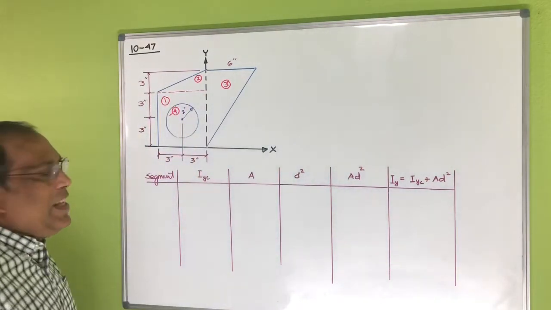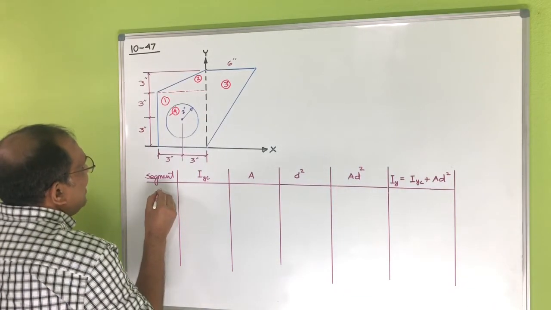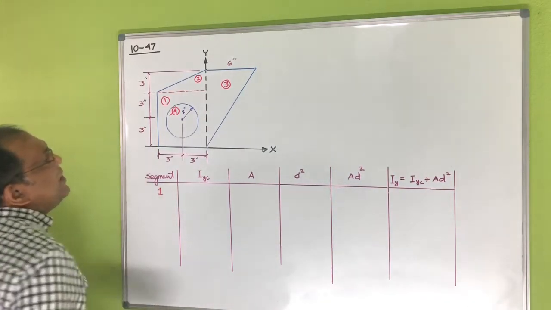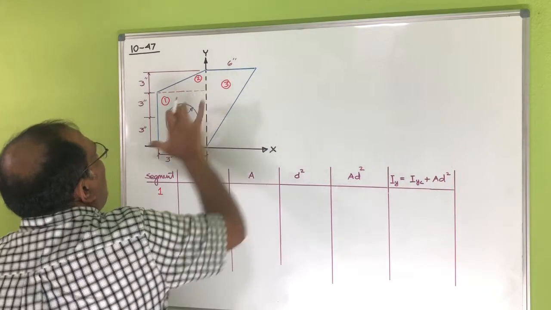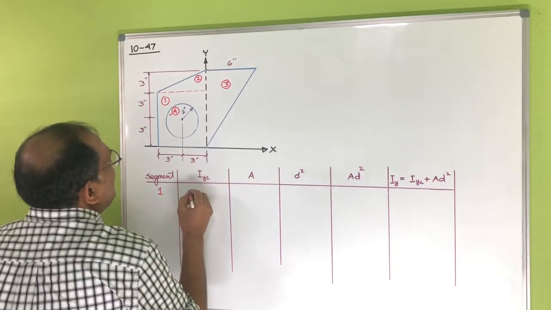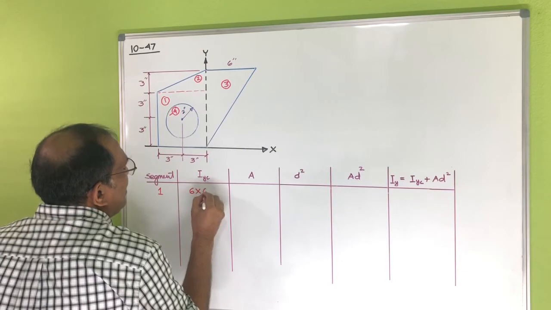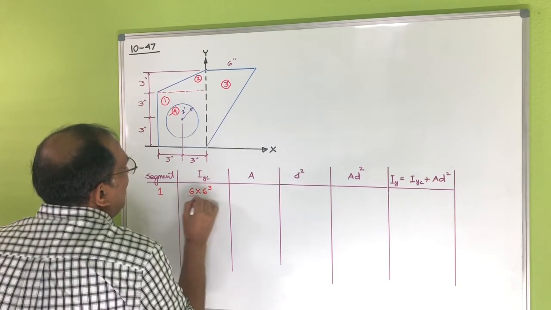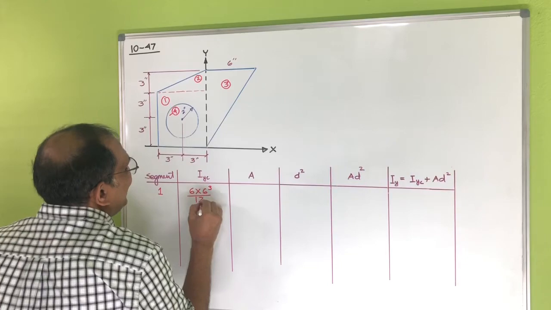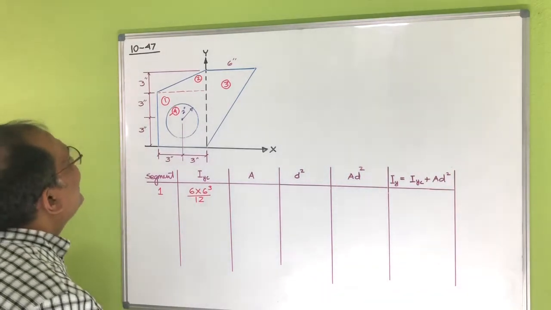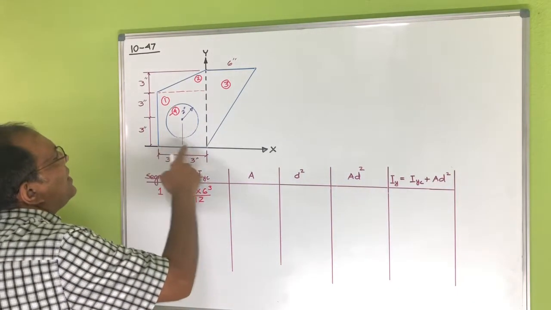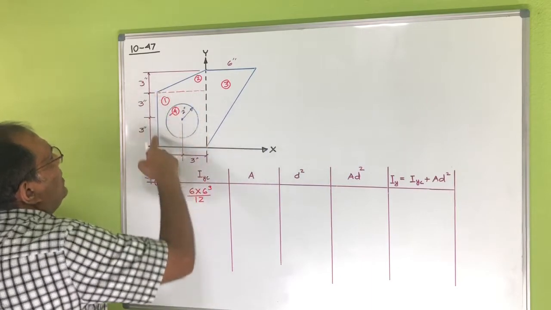Now you can see this is my first segment. So let's say this is segment number 1. So Iy should be BH cubed by 12, which is 6 into 6 cubed by 12. Okay, segment 1 is the solid.